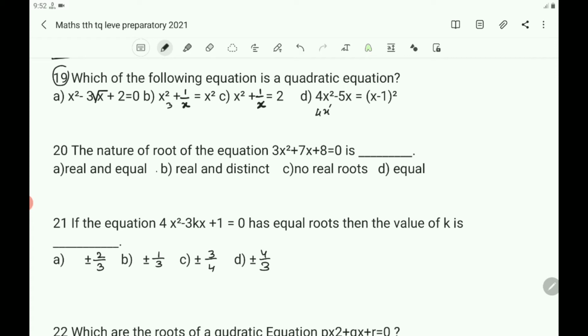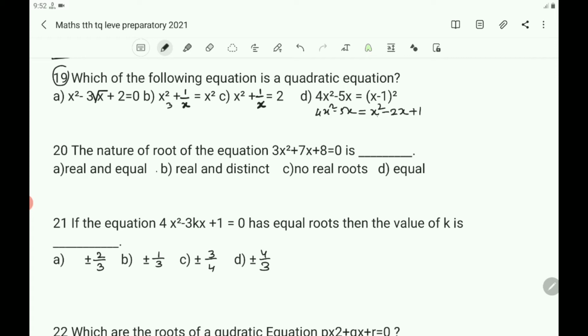That is 4x square minus 5x. Expand this: it becomes x square minus 2ab plus b square must be there. X square minus 2ab means 2 into x into 1, 2x, plus b square means plus 1 square. That is nothing but 1 you can take.